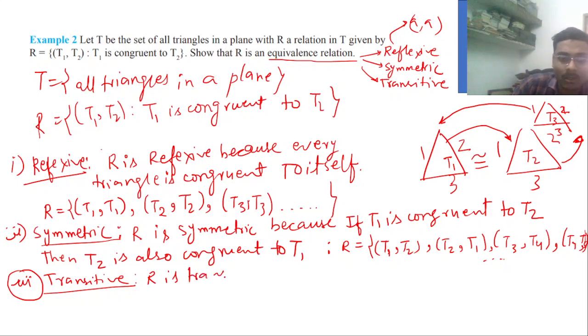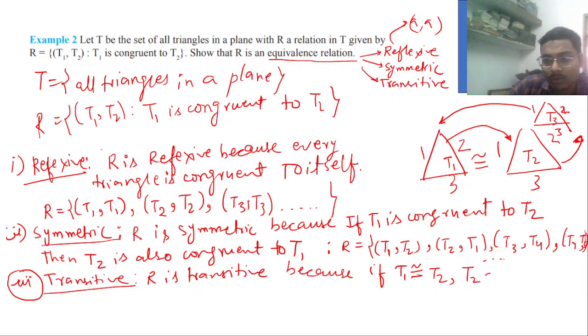R is transitive because if T1 is congruent to T2 and T2 is congruent to T3, then T3 is also congruent to T1.